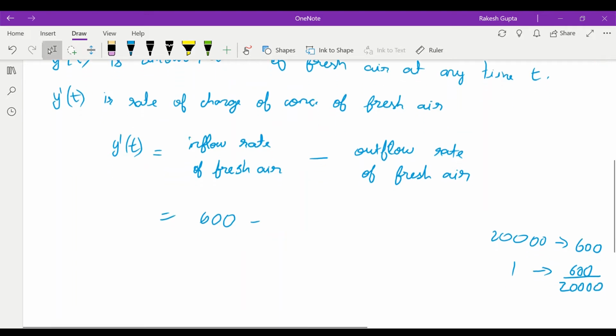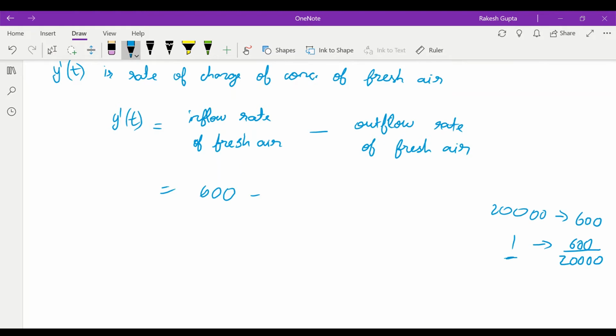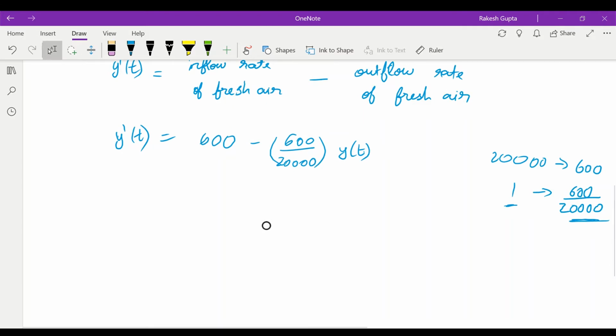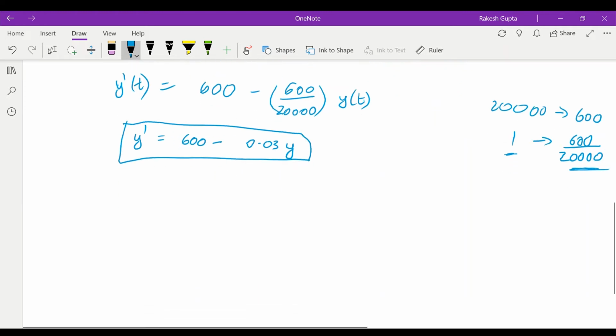So the outflow rate of fresh air is 600 by 20,000 multiplied by the concentration of fresh air present in the container at that instant. Now I'm just going to write this in a simpler way. So this is our differential equation, which we will now solve.